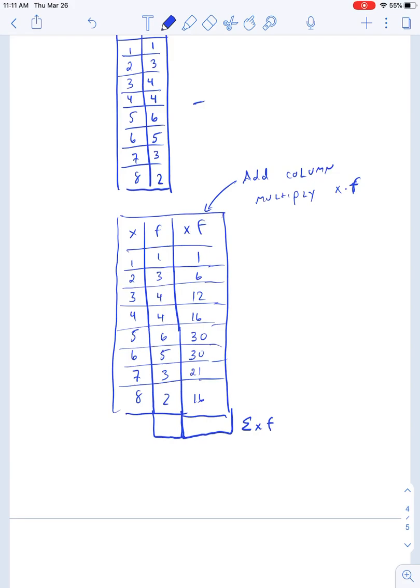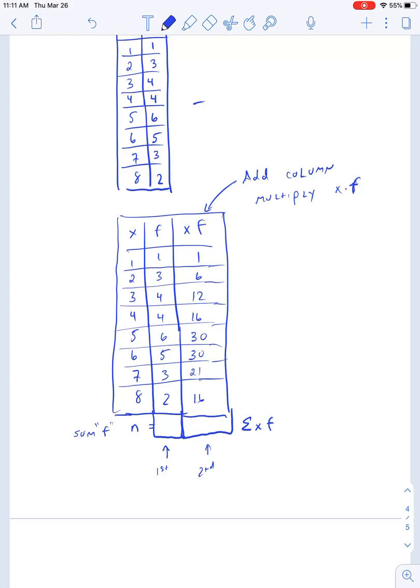And we talked about this in the previous section. If we add those numbers up, that will just be our n. Sum the f column. So let's take a look. Let's first find this one, and then we'll find this one second.